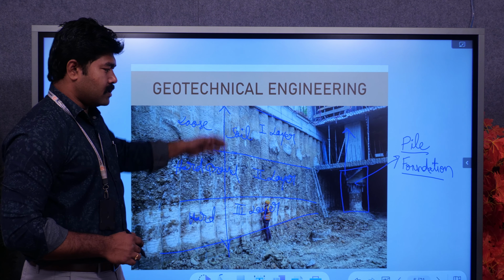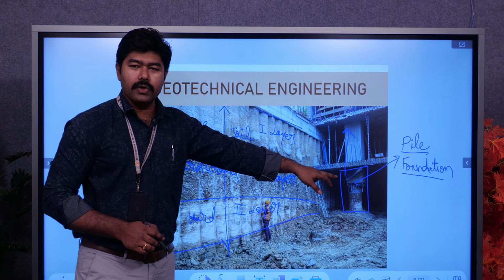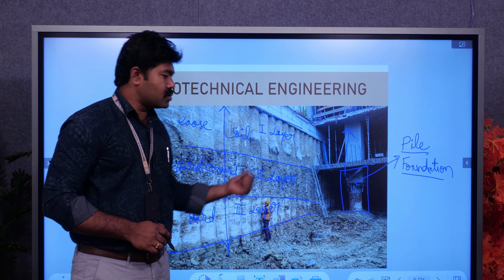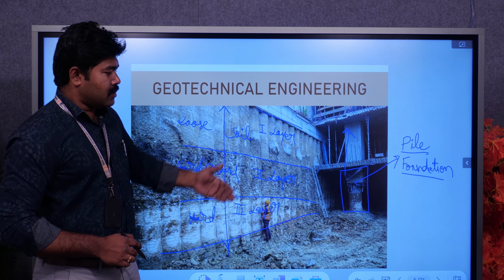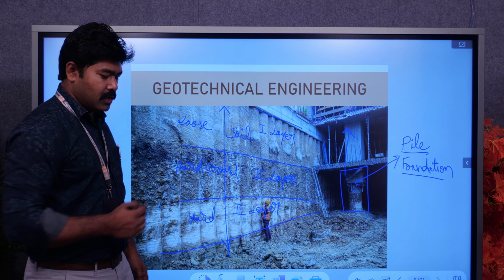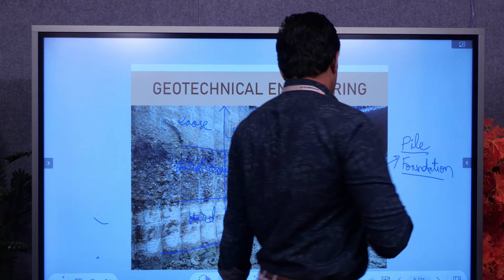will assess the soil properties before constructing a structure, because constructing a foundation requires soil properties. We need to explore each layer, and in that we need to explore the properties of each type of soil.